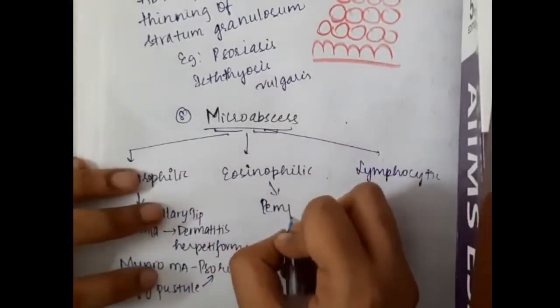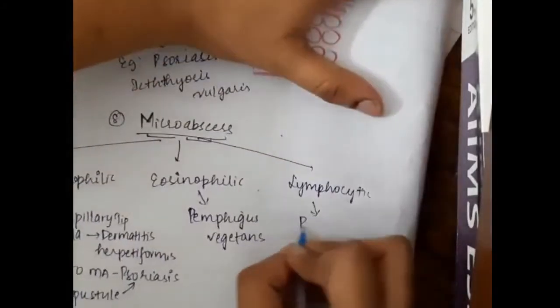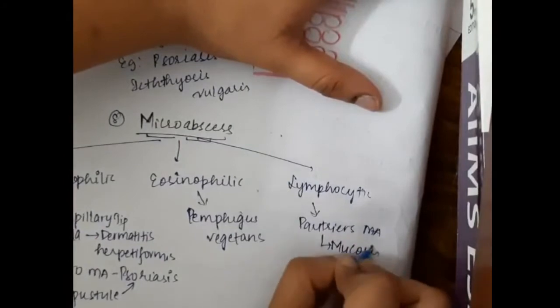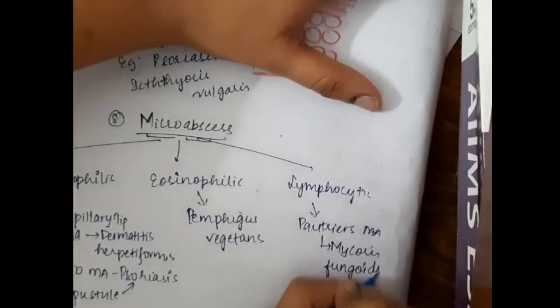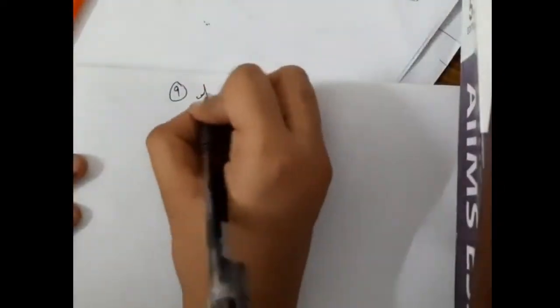Eosinophilic microabscess is seen in pemphigus vegetans. Lymphocytic microabscess includes Pautrier's microabscess, seen in mycosis fungoides.